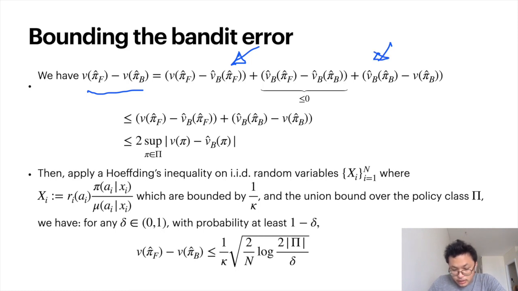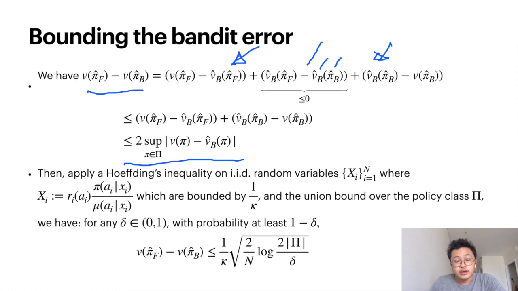The second term here is negative because pi hat b is a greedy policy with respect to v hat b. So it's the largest value here. Then similarly, you use a uniform convergence argument, but here it is v minus v hat b, not v hat f as in the previous step.